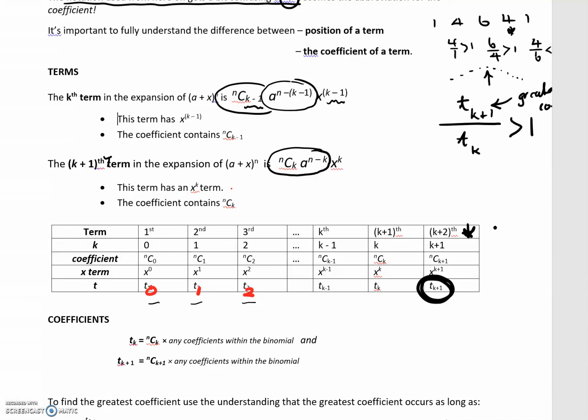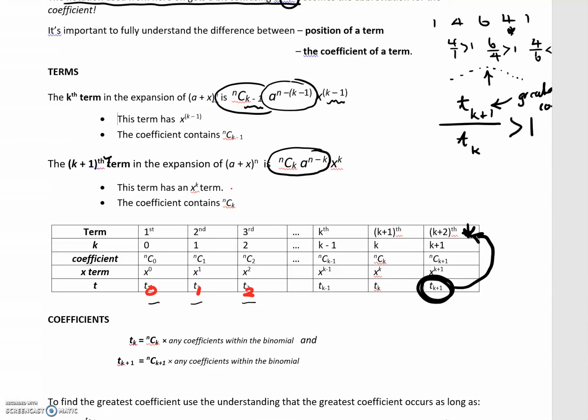Not only did they want the greatest coefficient, they wanted you to also identify the actual position. So just remember the connection between the greatest coefficient being the coefficient which we'll name as k plus 1, and it's actually one more than that in terms of the name of the term it belongs to in an expansion.